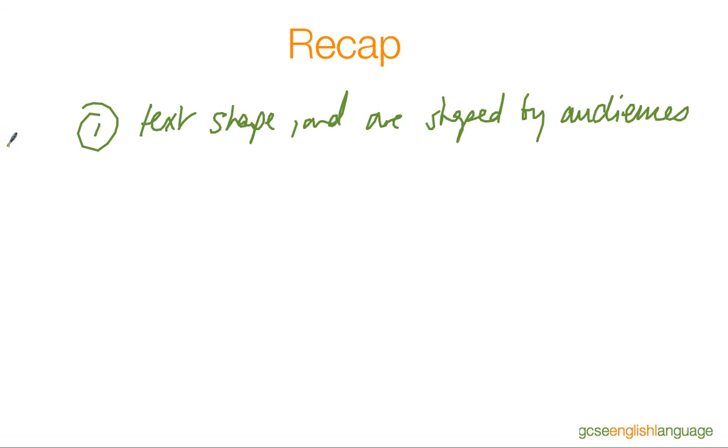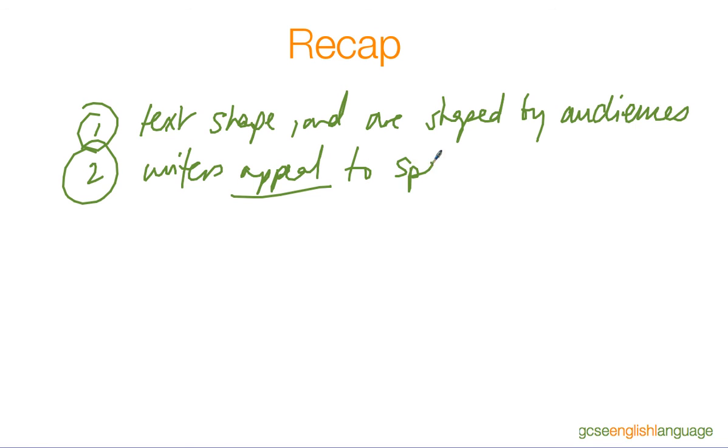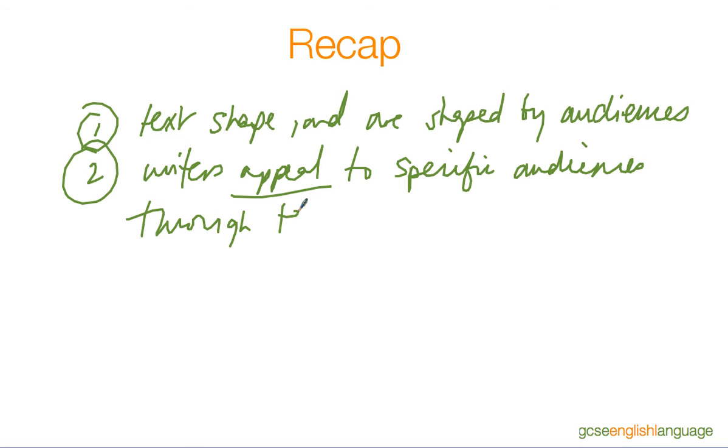We do have some agency, some say in what we read. That writers are appealing to audiences through certain techniques, and they're appealing often to specific audiences. Through the techniques they use.